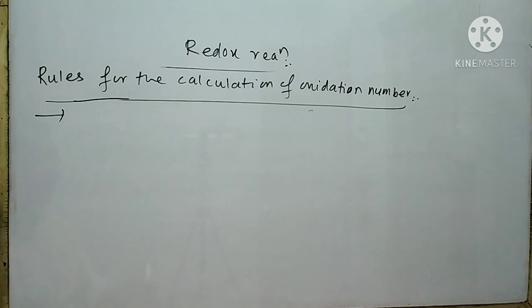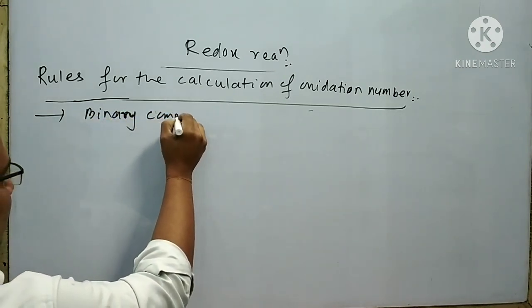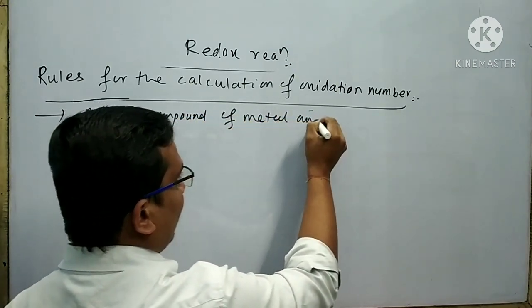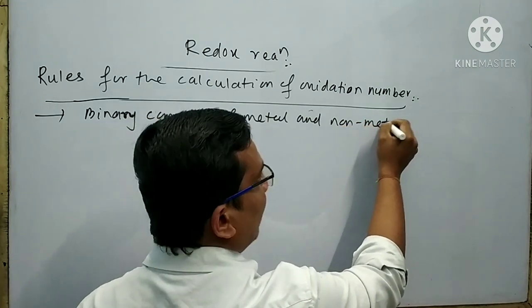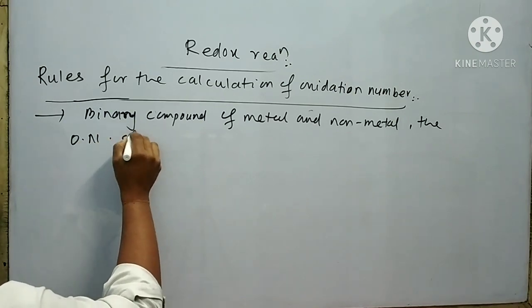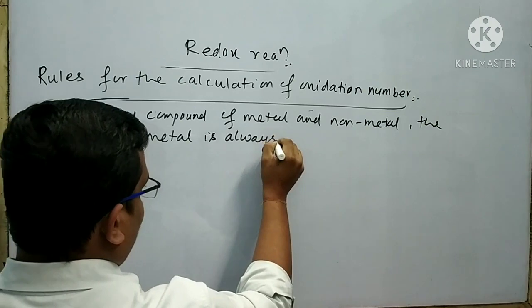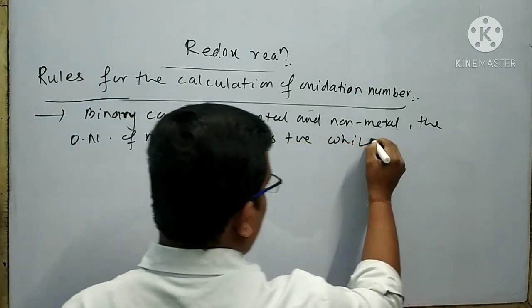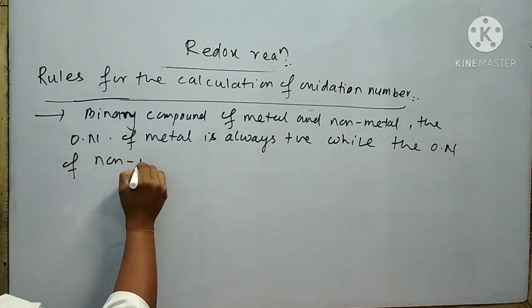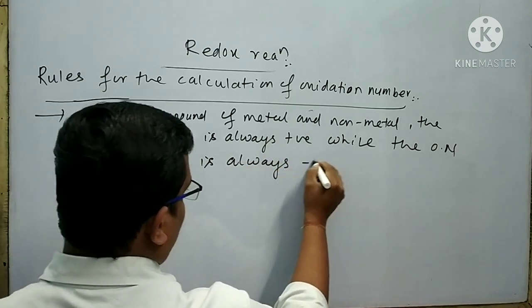Next rule: in a binary compound of metal and non-metal, the oxidation number of the metal is always positive, while the oxidation number of the non-metal is always negative.